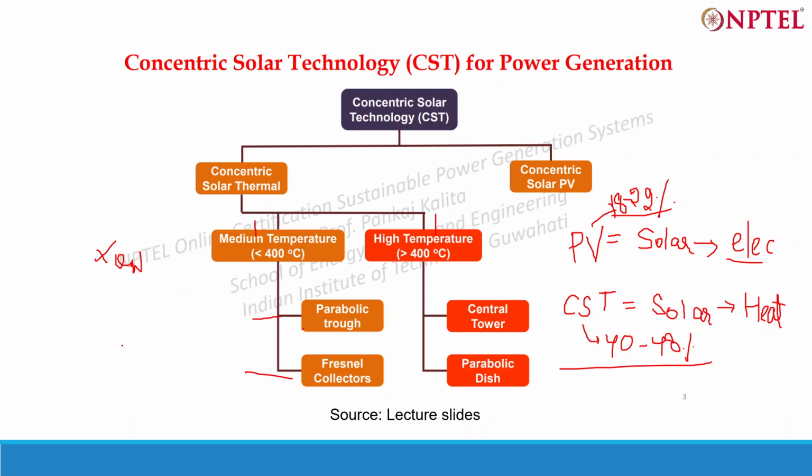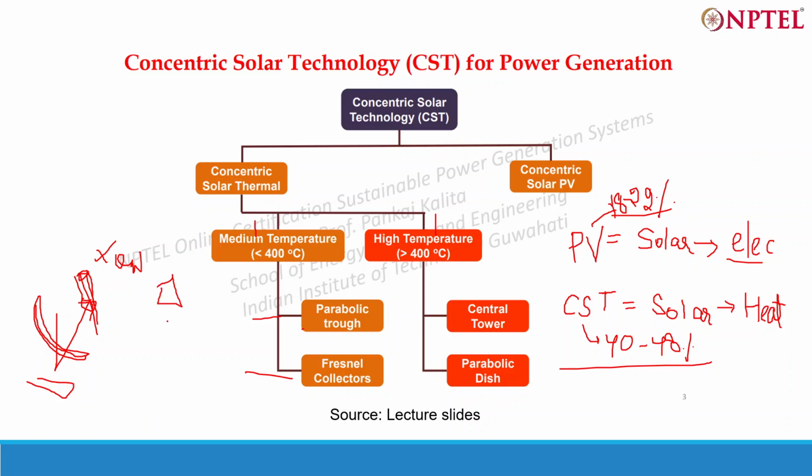And what is this parabolic trough collector? There is a half semicircle cylindrical dish which focuses on a line, not a point. This is called line focusing. It is a pipe on which it focuses. Similar to it, Fresnel collectors are not curved dishes, they are mirrors which focus sunlight onto the pipe. Then there is a central tower.